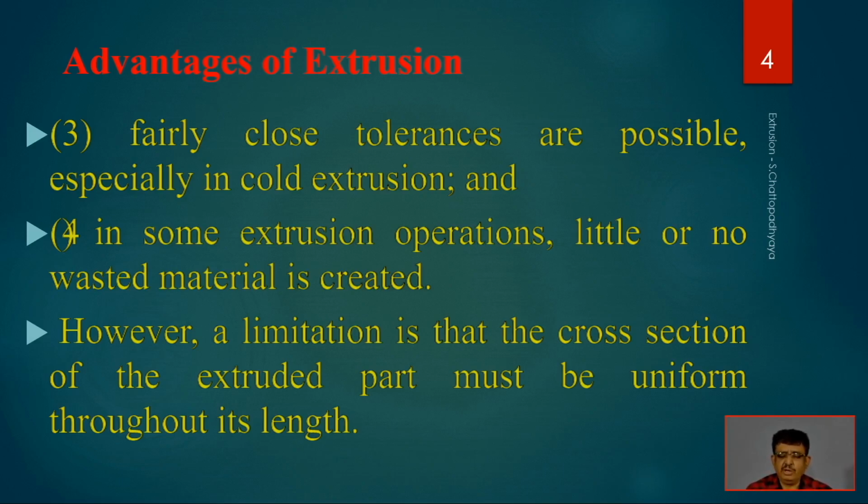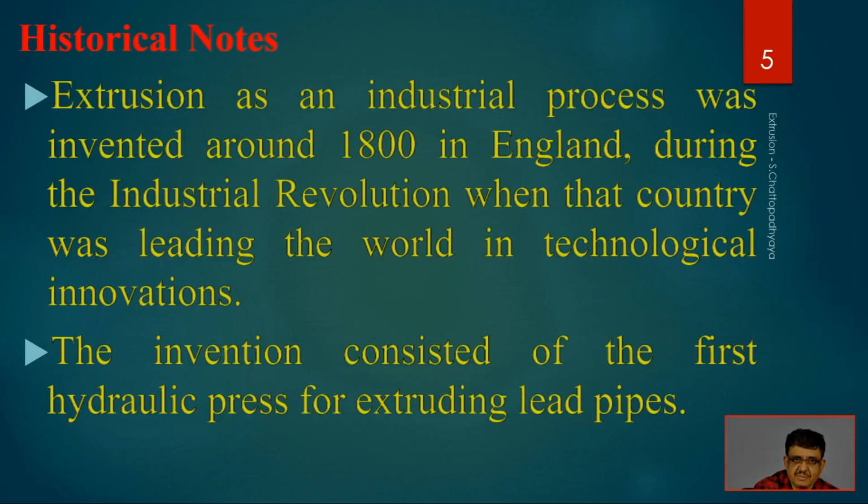We can go for huge quantities, only that uniformity throughout its length has to be there. Otherwise, it is not a typical case of the extrusion process. So it is an industrial process invented in 1800 in England during a very important event, the Industrial Revolution, and that has changed the shape of the world.